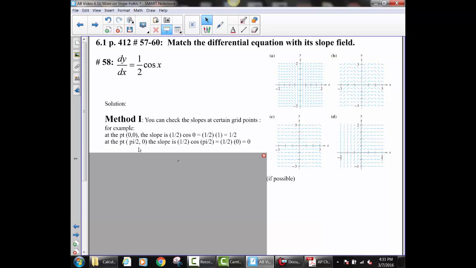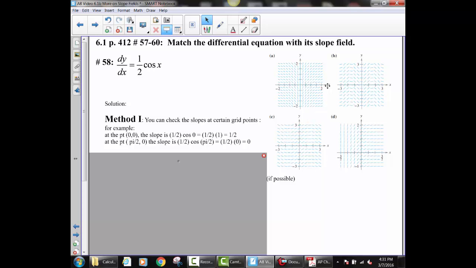I'm going to pick pi over 2 comma 0, which would be an actual kind of grid point here for a trig function. So if I plug in pi over 2 for my x, cosine of pi over 2 is 0, I should have 0.